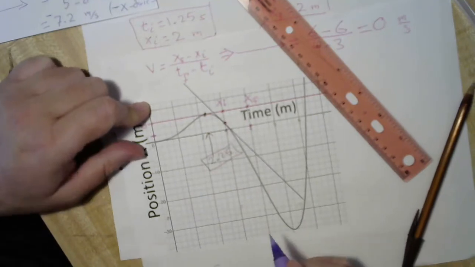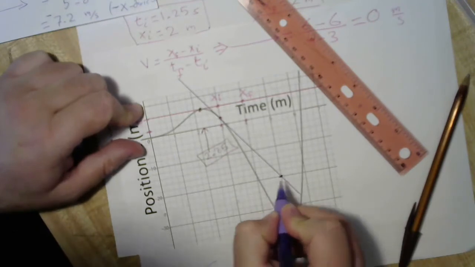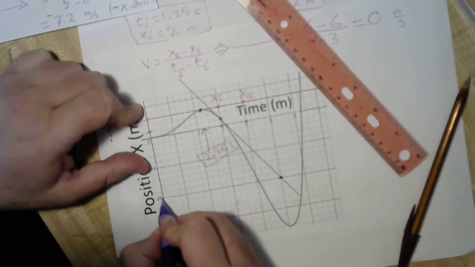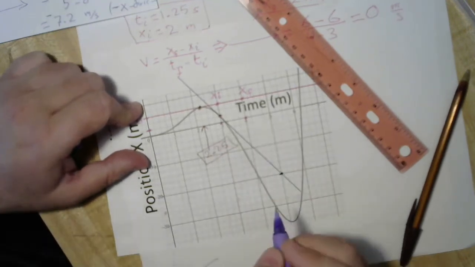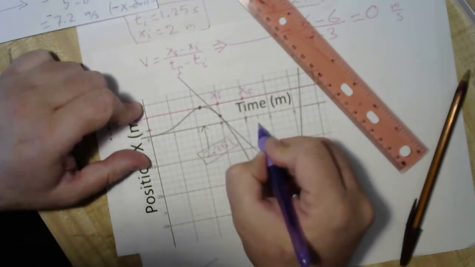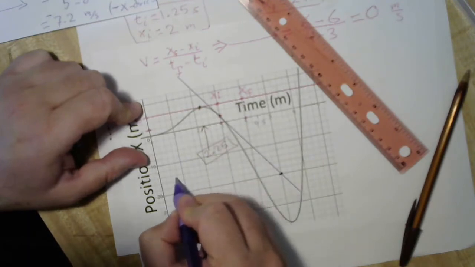Now I need to choose 2 points. I will choose this point because it is easy to know how much the time and how much the position. If I choose this one, it is difficult to find the time. If I choose this one, it is easy to find the time, it is 4.5, but it is difficult to find the position.